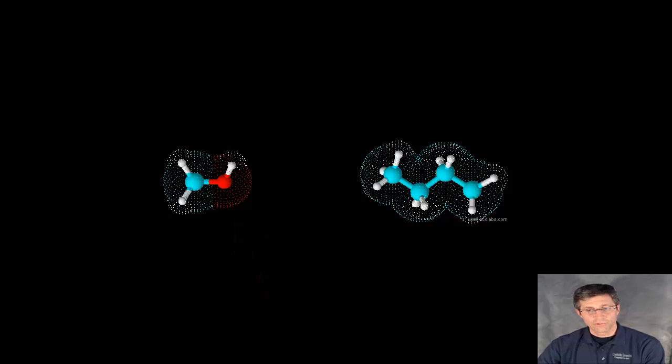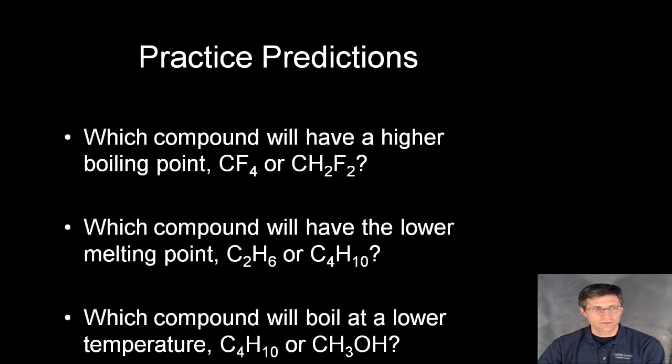Again, what are they asking? Which will boil at a lower temperature, so which one will have the lower strength of interaction? The methanol is going to have a stronger interaction due to hydrogen bonding. It will be much stronger than the London dispersion forces that happen in butane. And again, this is what we observe.